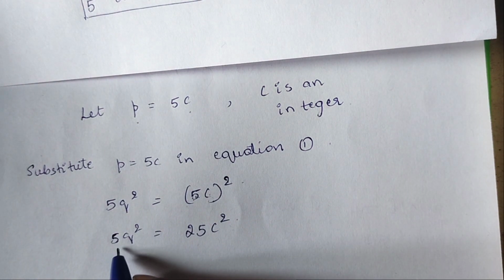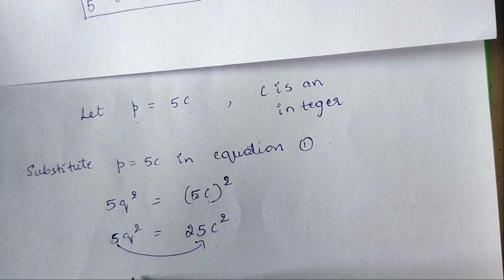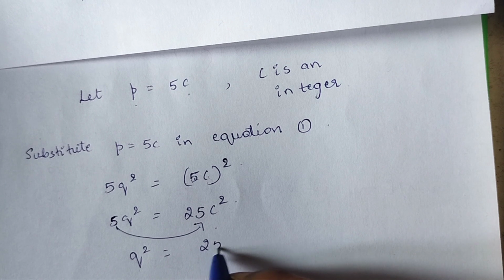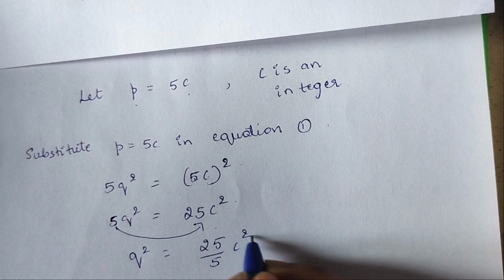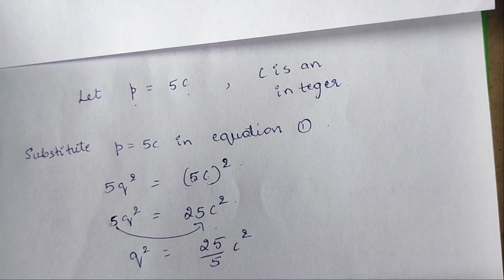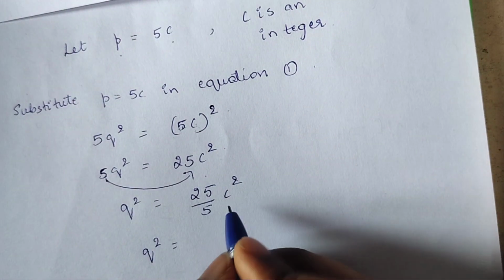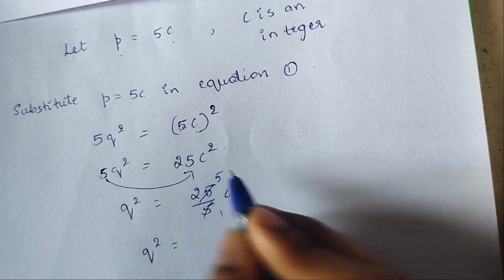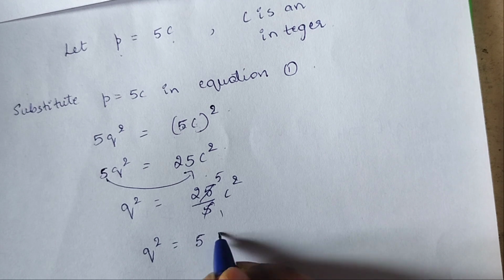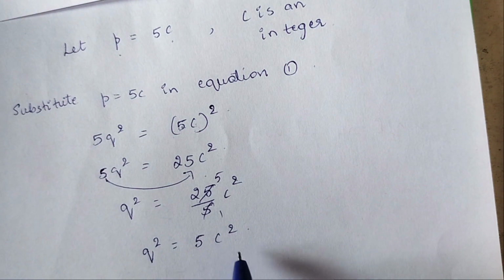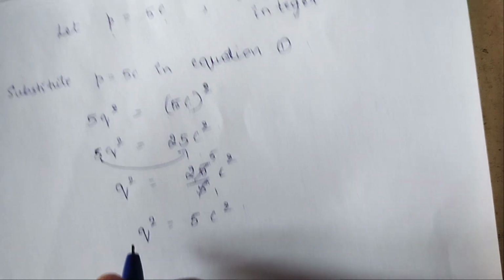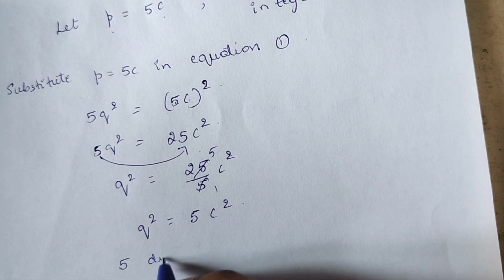Now I can transpose this 5 to the right hand side. I'll get the value of q square here. q square is equal to 25 by 5 c square. On simplification, q square is equal to 5 fives are 25, I'll get 5c square. So what does this imply? This implies that 5 divides q square.